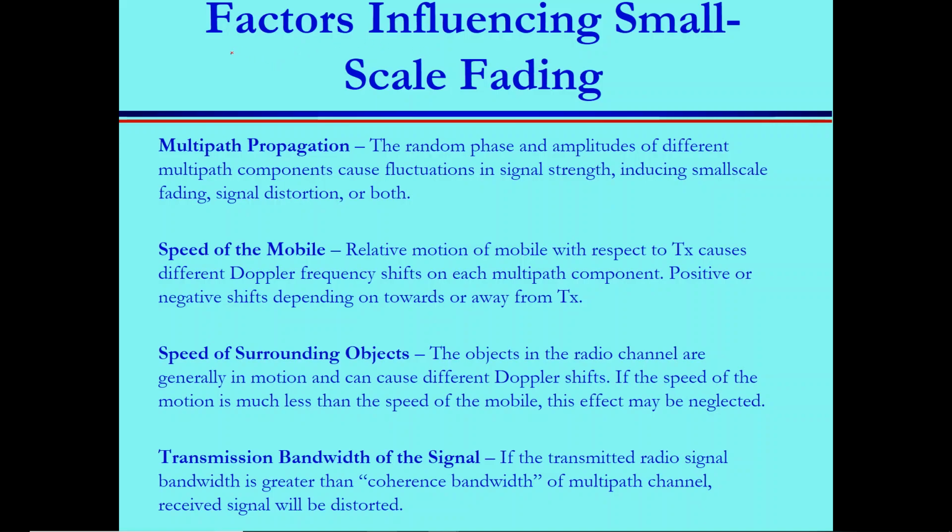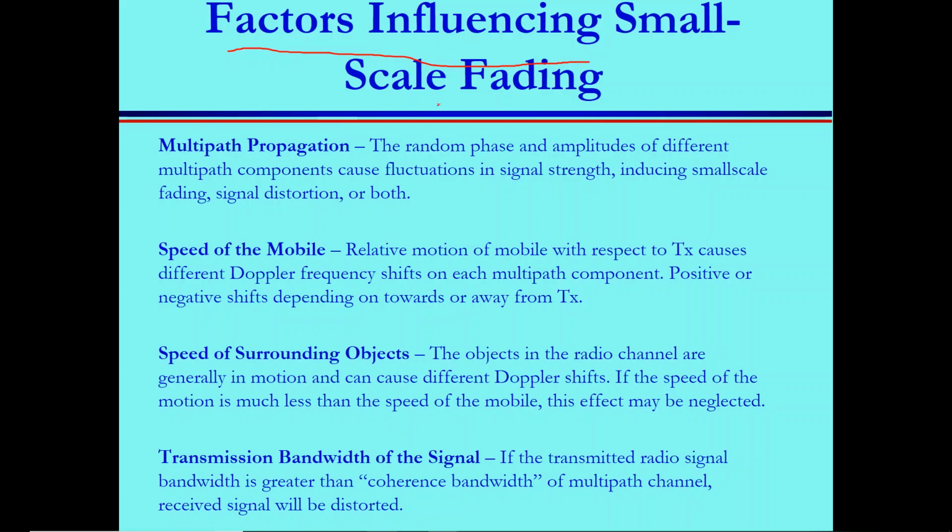So there are factors influencing small scale fading. Once you hear small scale fading, this means I'm talking about either envelope fading, Rayleigh, Rician, Nakagami, these types, or delay spread, Doppler spread. If I have resolvable paths in time or frequency, I have delay spread, Doppler spread.